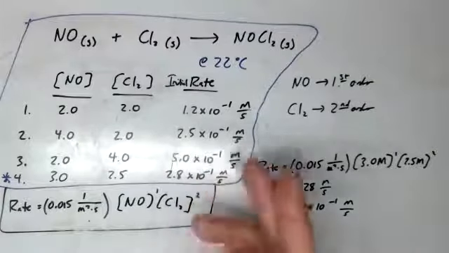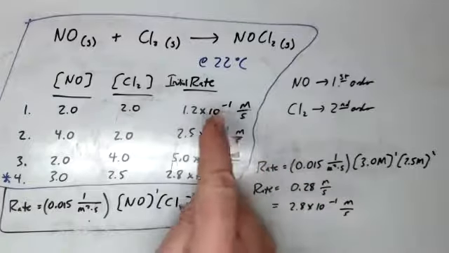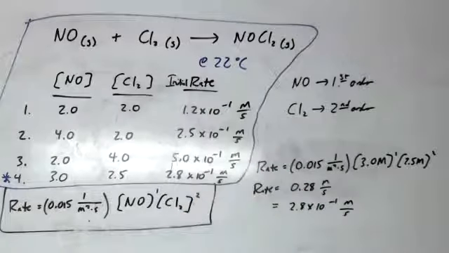Actually, as this reaction proceeds, this rate is going to decrease because the concentrations of NO and Cl2 are going to go down as they're used up, and so the rate will steadily decrease. Eventually, we're going to run out of NO or Cl2, and once we run out of one of those 2 reactants, the rate is going to go down to 0. So when we calculate rate here, this is the initial rate. The rate the reaction starts at, the rate will slow down with time.